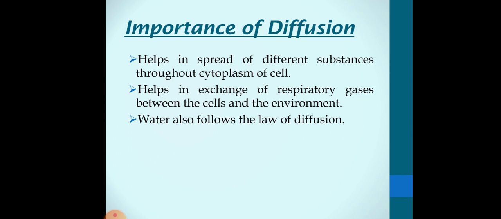Similarly, the concentration of carbon dioxide inside the cell is high, whereas outside the cell it is low. That is why carbon dioxide moves from our cell to the outside environment. This all takes place by diffusion only. And water also follows the laws of diffusion.